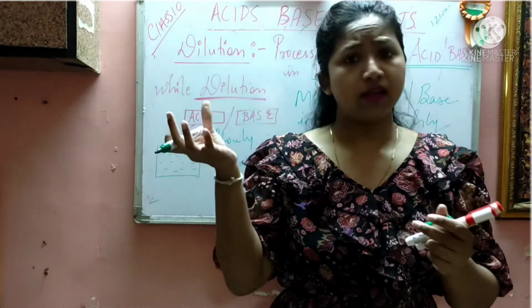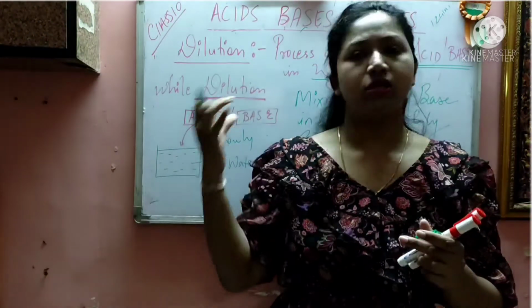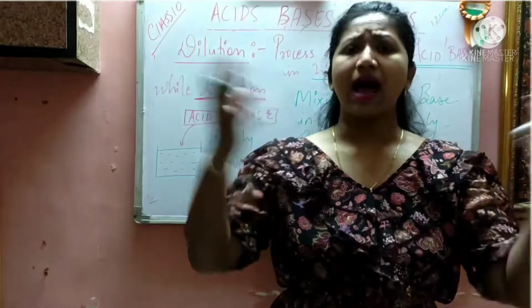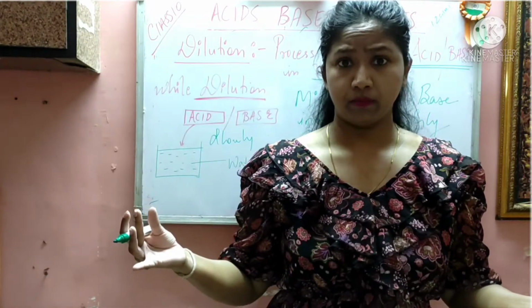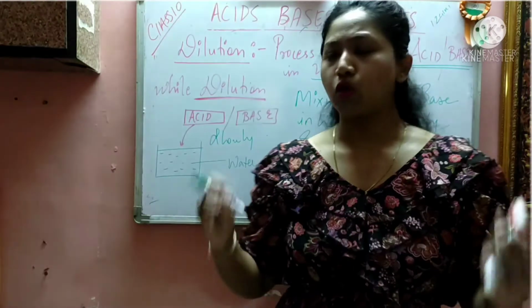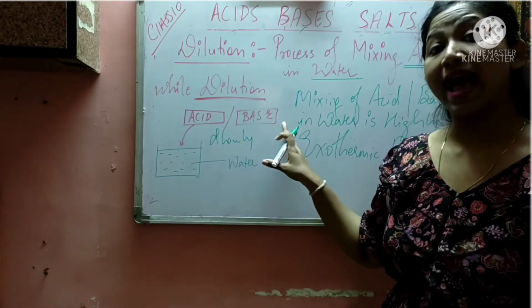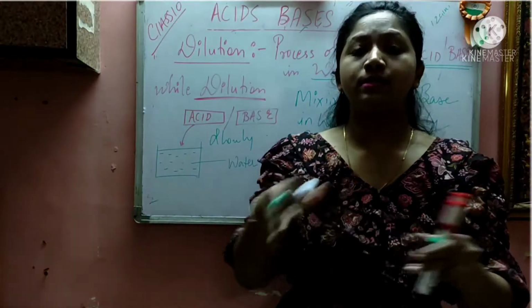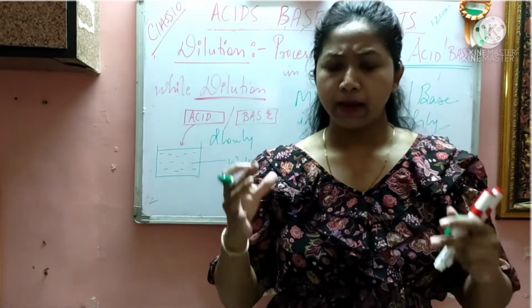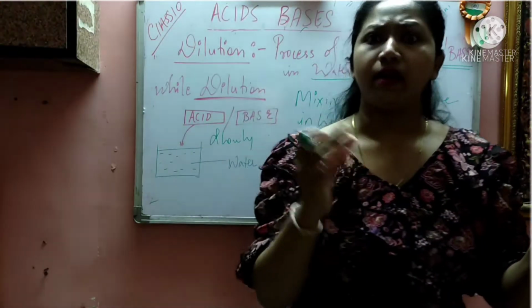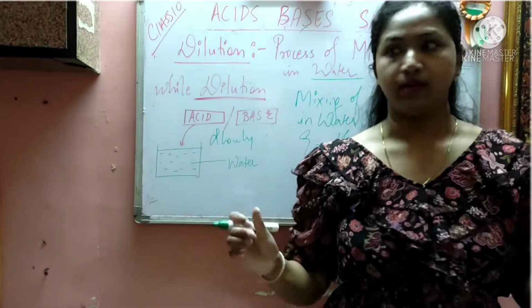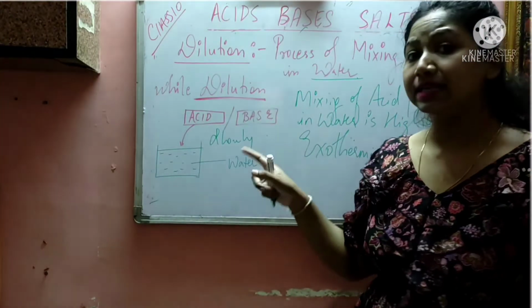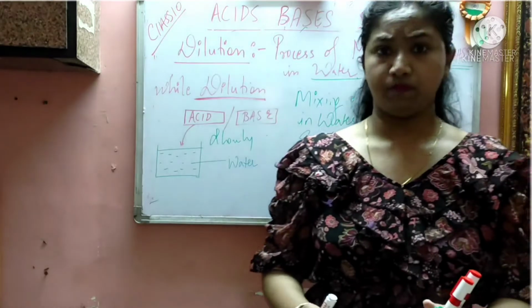Whenever you take concentrated acid or concentrated base and dissolve it in water, a large amount of heat is generated. Hence it is always preferred that you add acid or base slowly into water, with constant stirring.